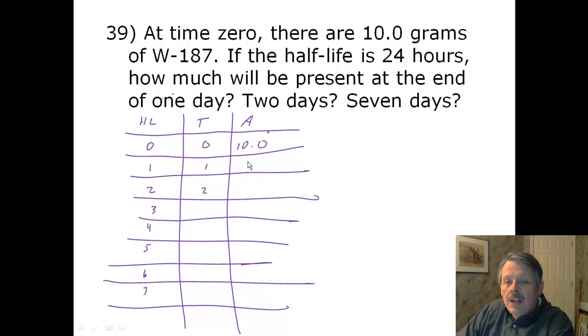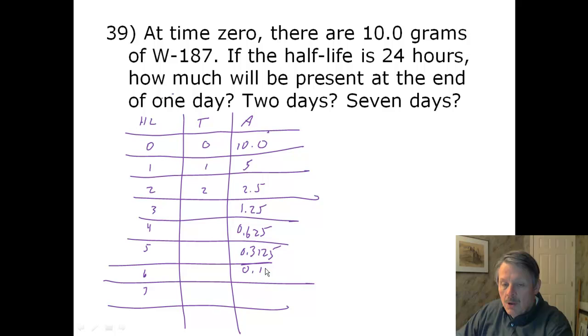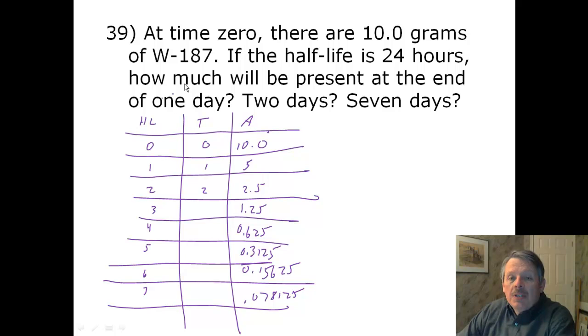And that's 10, that's 5, that's 2.5, that's 1.25, that's 0.625, that's 0.3125, that's 0.15625, and that's 0.078125. Okay, so it's saying how much will be present at the end of 1 day?